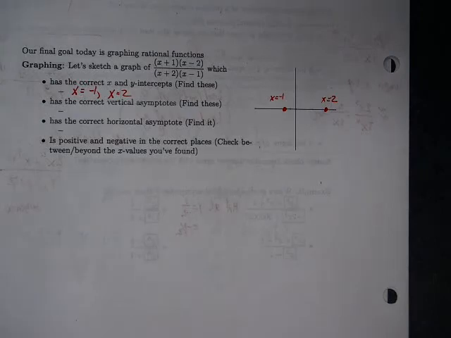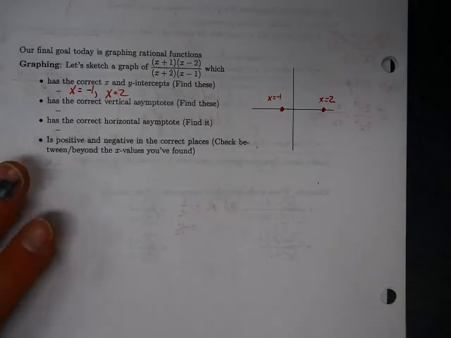Where is the y-intercept? How do you find the y-intercept? To get the x-intercepts, you just plug in y equals 0. That's not special about rational functions.